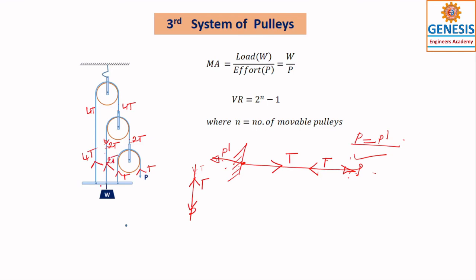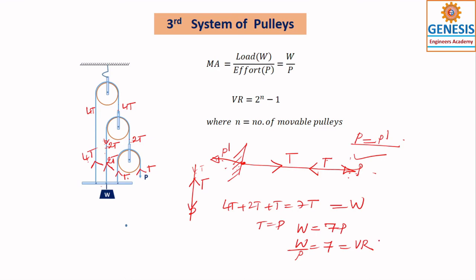Okay, so now if you add up all these things, T plus 2T plus 4T is equal to 4T plus 2T plus T is equal to 7T, that is equal to W. If you take the vertical direction equilibrium, so that T is equal to P, then W is equal to 7P. W by P is equal to 7, that is equal to velocity ratio.